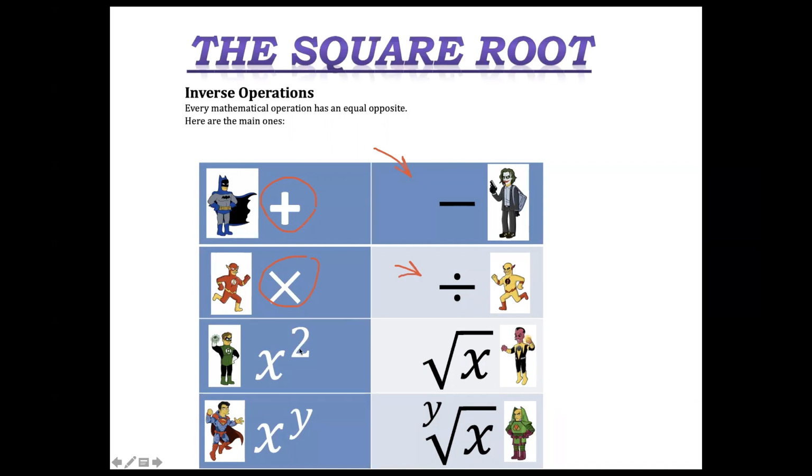The opposite operation of x squared will be the square root of x. Why? I told you about that before. Now, if I have, for example, x squared under the square root, I said before that I will cancel the square with the root, so I will have just x here.